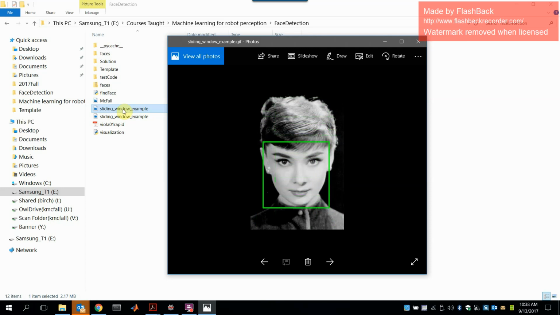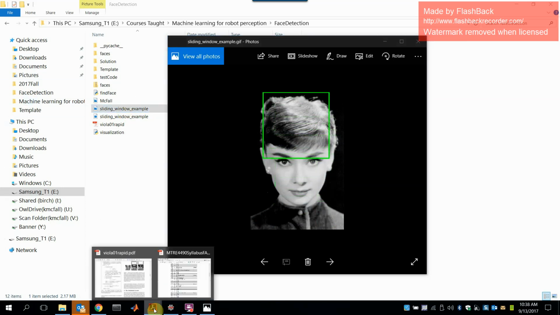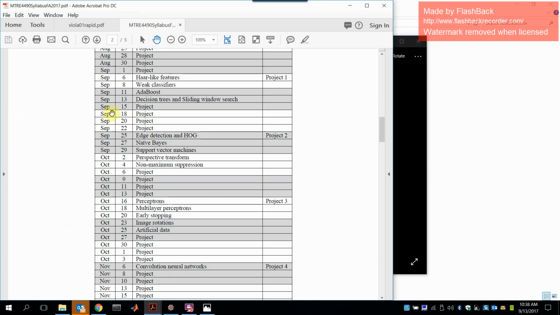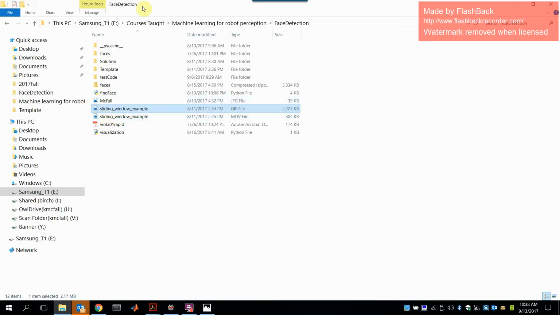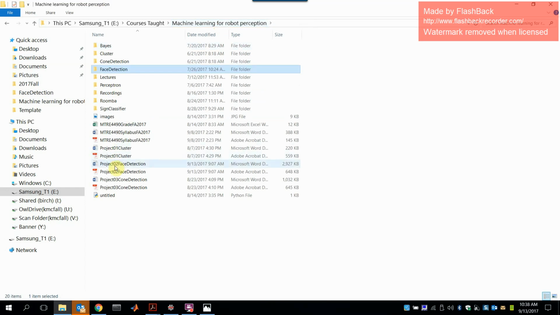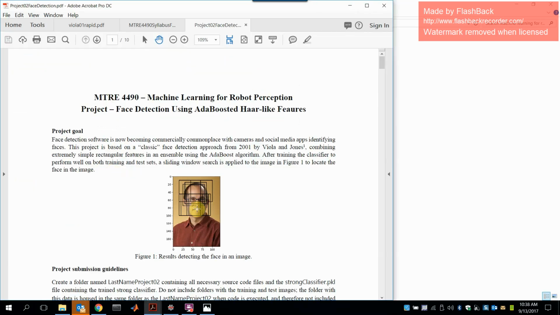In that image, it's like 40 down to 100, so it looks like it's about 60 by 60, somewhere around that range. So I'm going to take a 60 by 60 image and resize it to be 19 by 19.